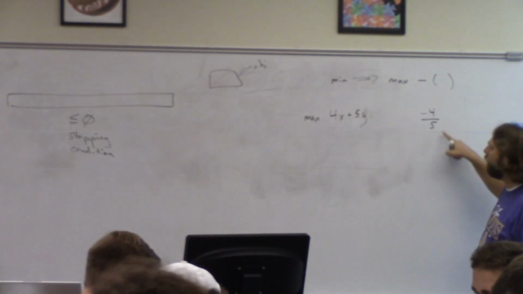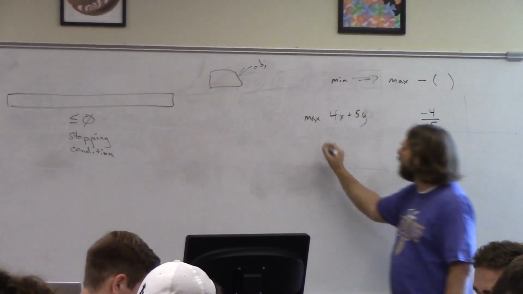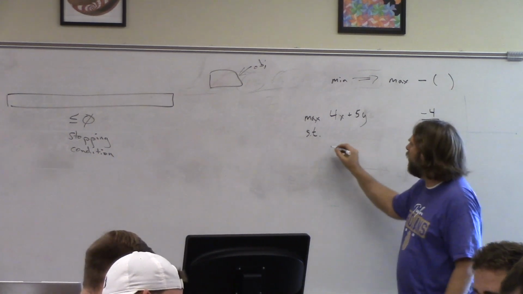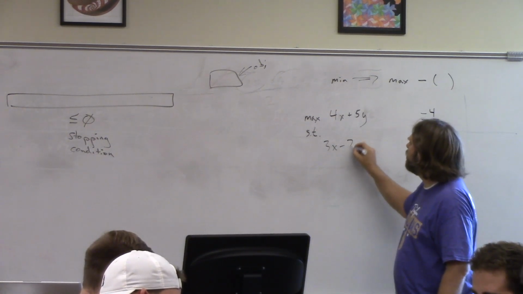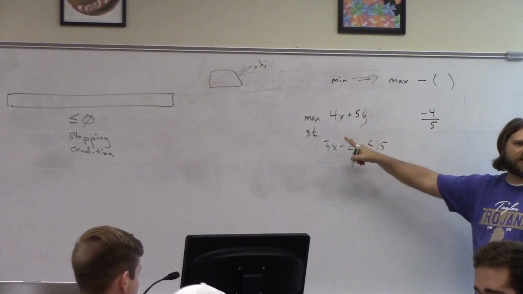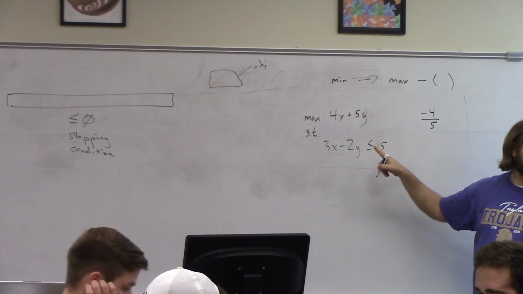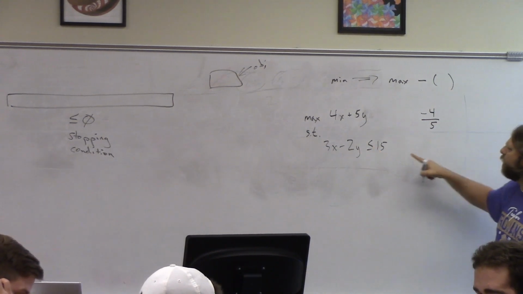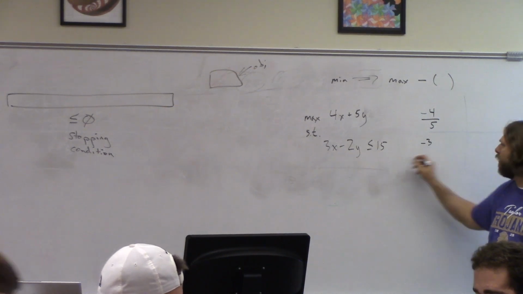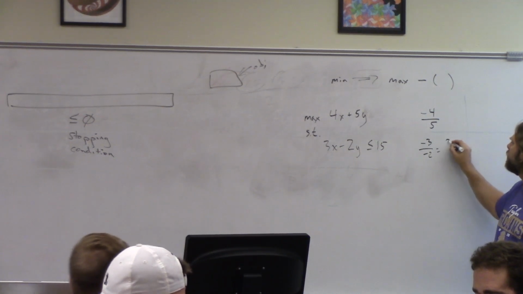And so that's the slope of our objective function. And if we have some constraints that look like 3x minus 2y has to be less than or equal to 15, this also has a slope right here. And we do the same slope for it. It is negative 3, because that's our x value, over negative 2, which is 3 halves.